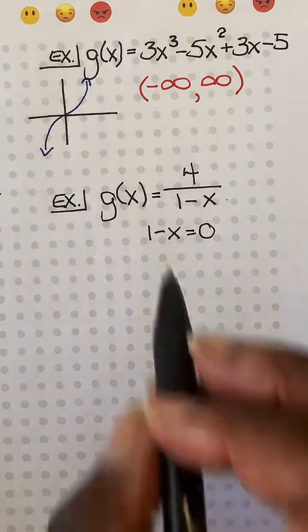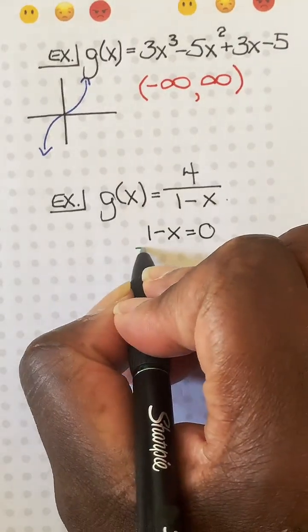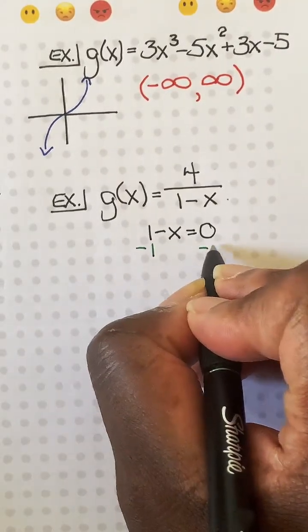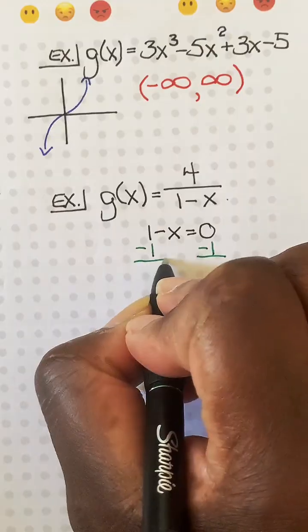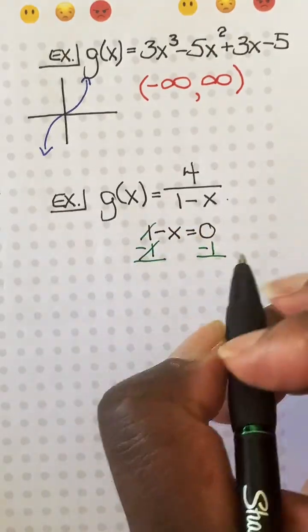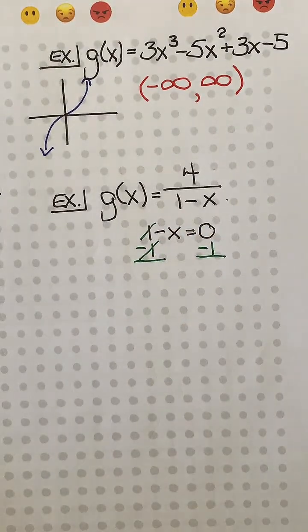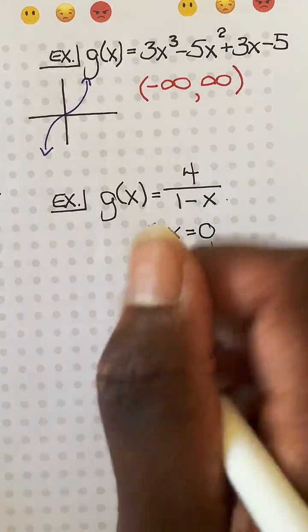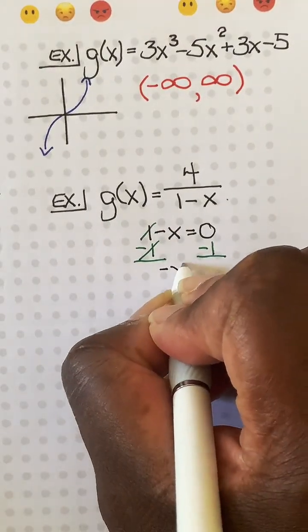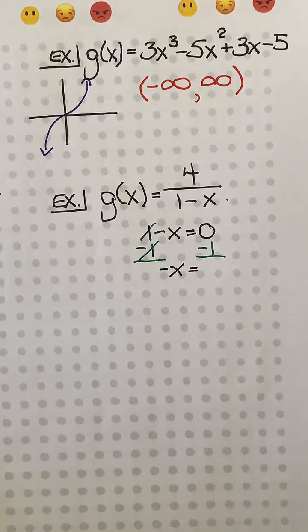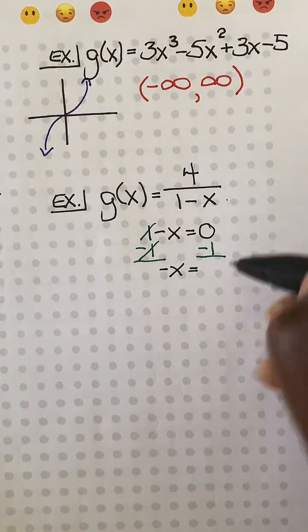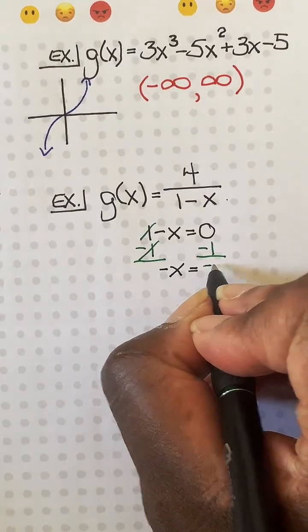If I want to solve for x, I'm going to subtract the 1 on both sides. So you get 1 minus 1, then what comes down is my negative x is equal to 0 minus 1, which gives me a negative 1.